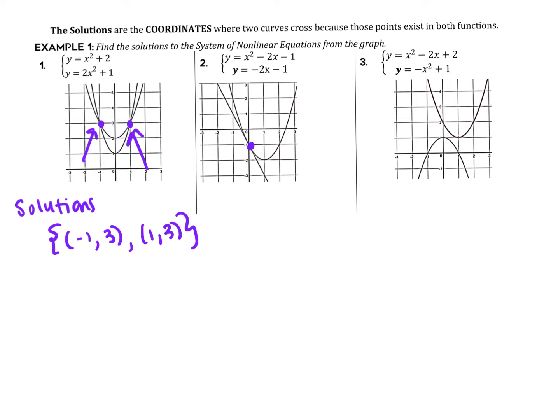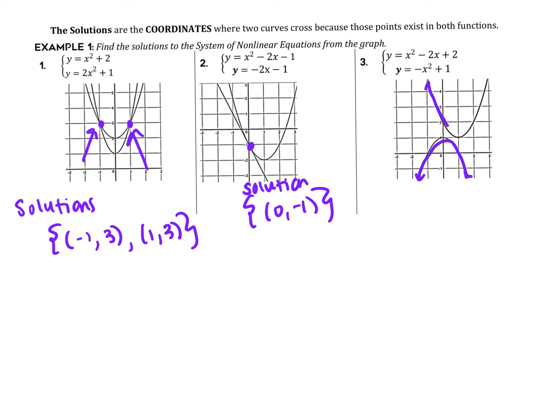So in number 2, our solution is here at this coordinate, which is (0, -1). And there's only one coordinate, but one of the reasons we like to use this set notation is because it distinguishes that this is a solution set as opposed to an interval representing something else. What you'll notice in example 3 is that these two quadratic functions aren't ever going to cross.